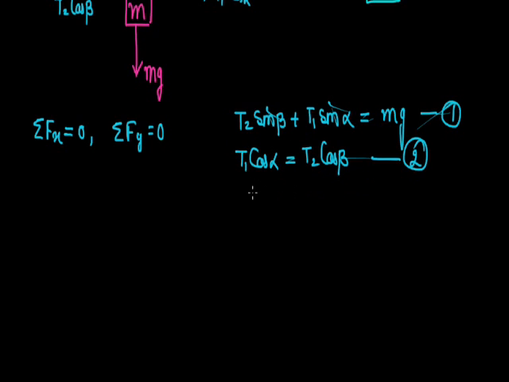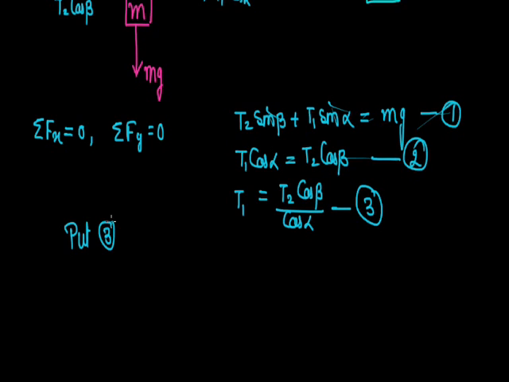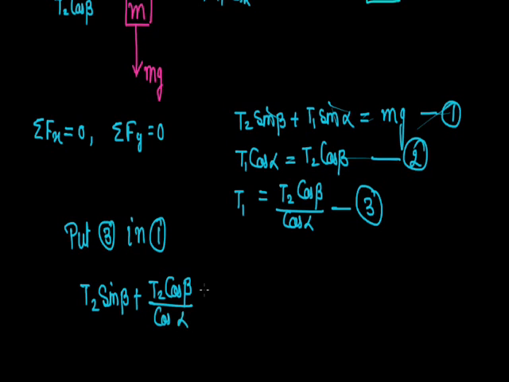So, first from equation 2, we can write T1 equals T2 cos beta upon cos alpha. Equation 3. Now put 3 in 1. So T2 sin beta plus T1, that is T2 cos beta upon cos alpha, times sin alpha equals mg.